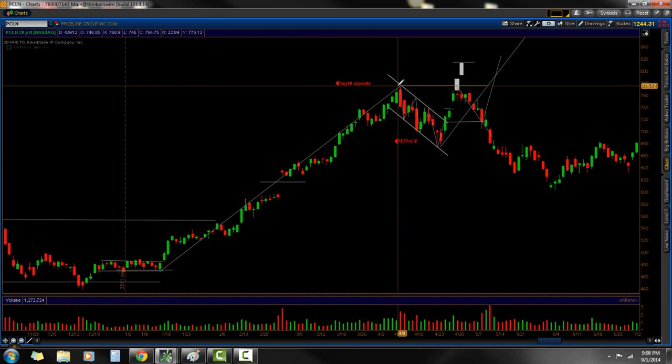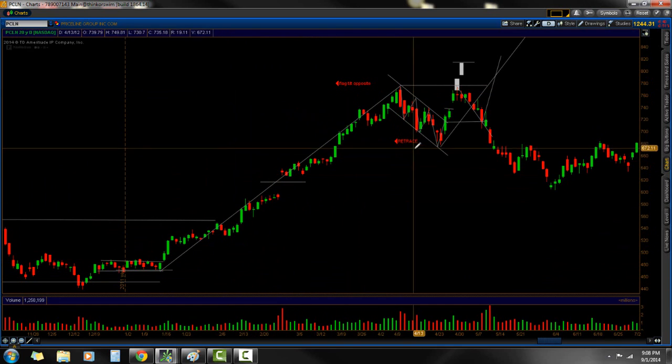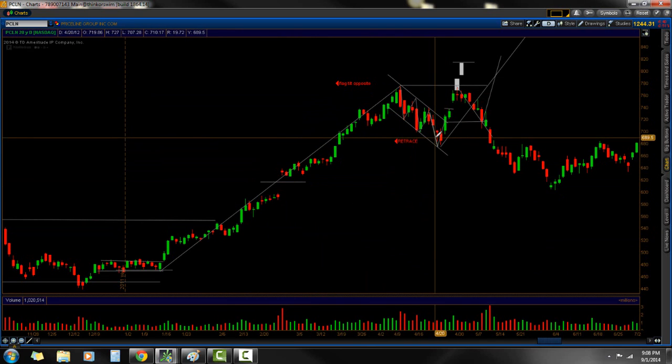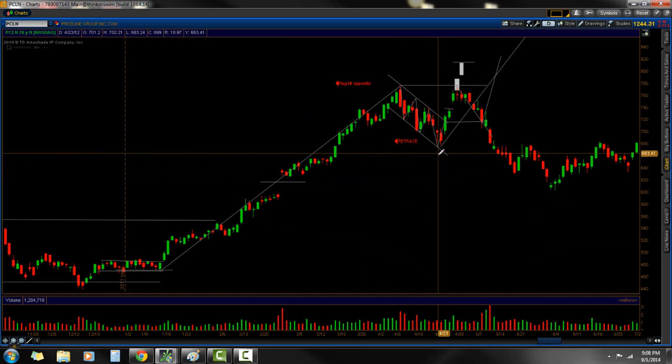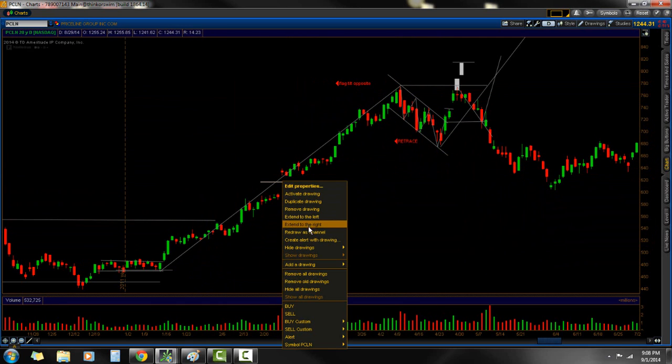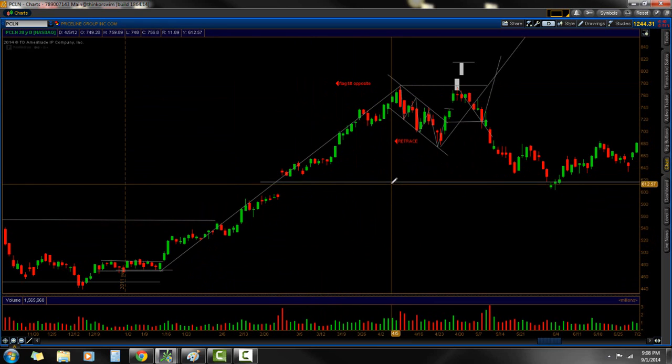what I want to discuss here is another fact about these flags, and that is this: these flags generally retrace less than 36% of the pole. So if you know the 50% mark, right? We'll call that 50.